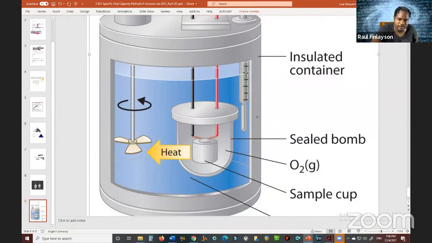The other thing that the styrofoam cup doesn't have is a shiny metal layer on the outside. The idea is that you can get extra insulation from metals, shiny metals, by the way.